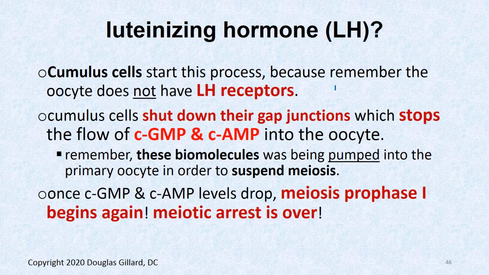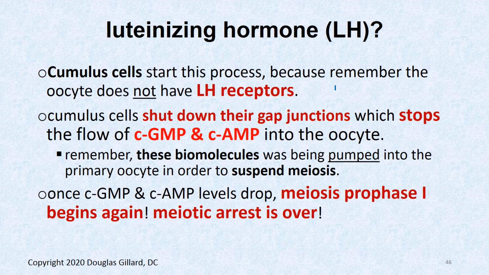Also, the cumulus cells, remember, they're the ones that have the luteinizing hormone receptors. So those cumulus cells, once they hook up with luteinizing hormone, it shuts down those gap junctions. And so now you can't get a flow of cyclic GMP or cyclic AMP into the oocyte anymore.